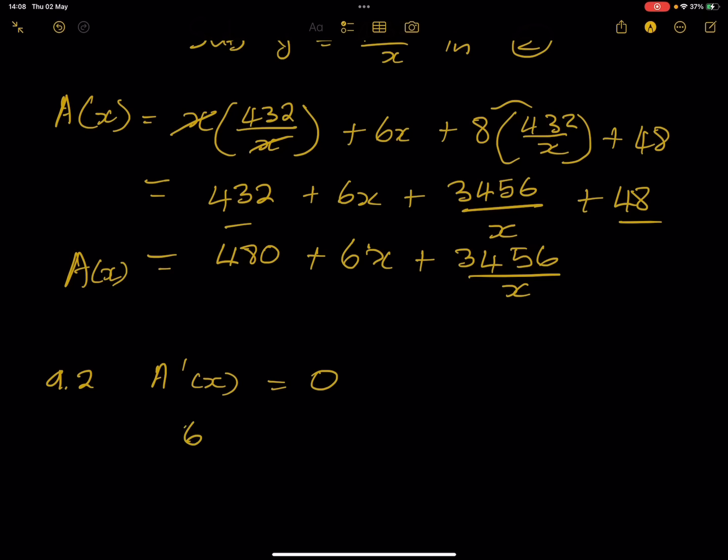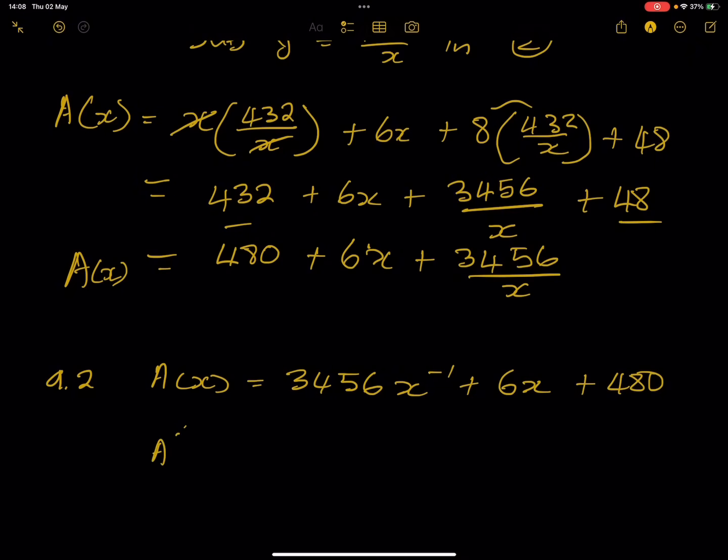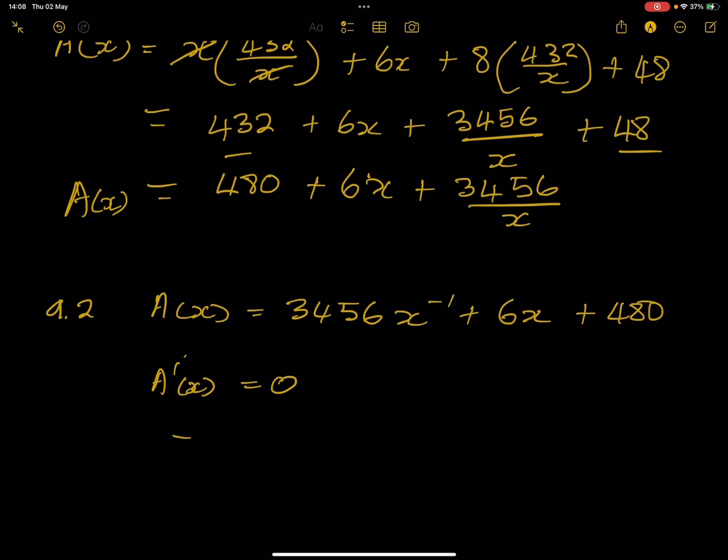So that will be 6 minus, now notice in this case, actually, let's write a of x first. That will be 3,456 x to the minus 1 plus 6x plus 480. And so if I take the derivative, make it equal to 0, that will give me minus 3,456 x to the minus 2, right?